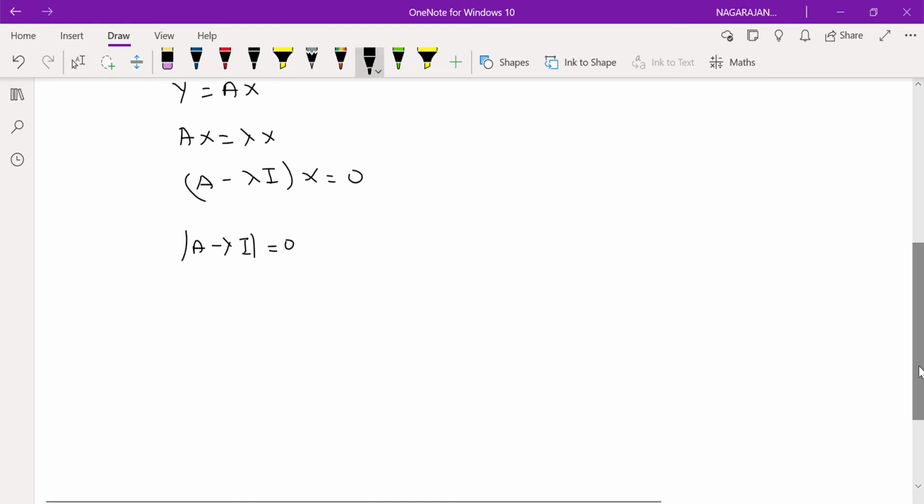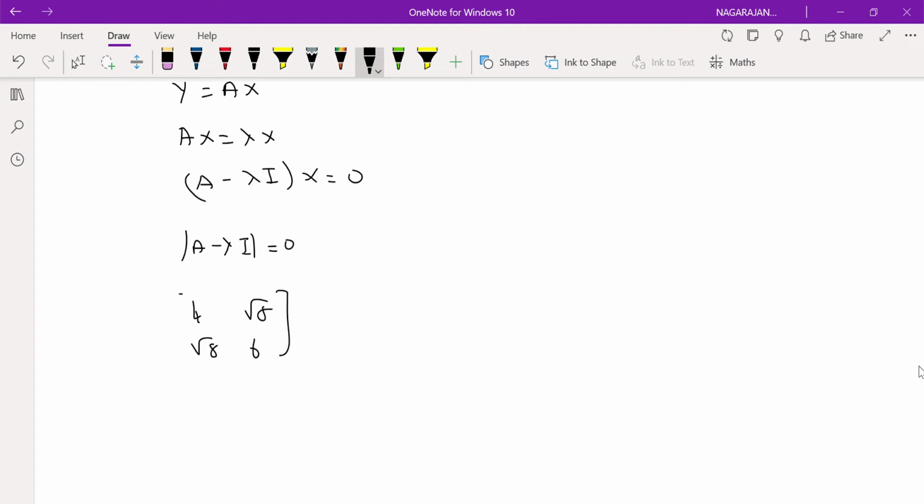The matrix A is [4, square root of 8; square root of 8, 6]. So the determinant of [4 minus lambda, square root of 8; square root of 8, 6 minus lambda] equal to 0.